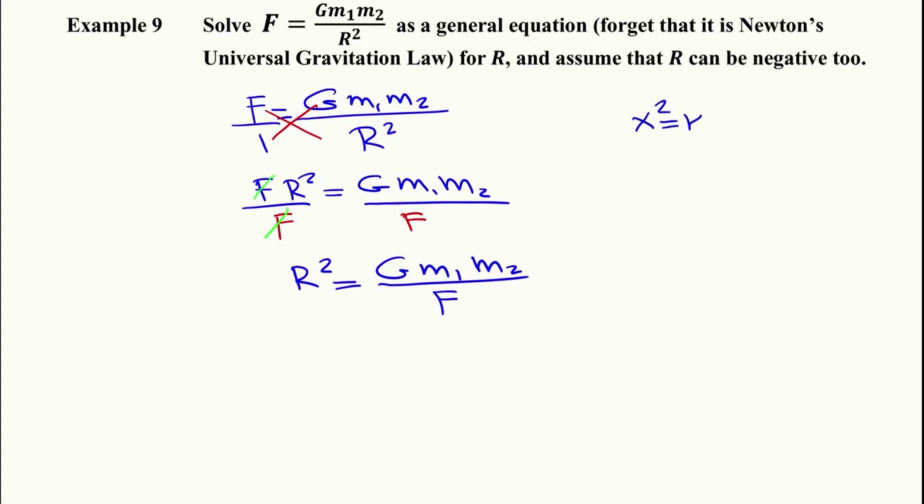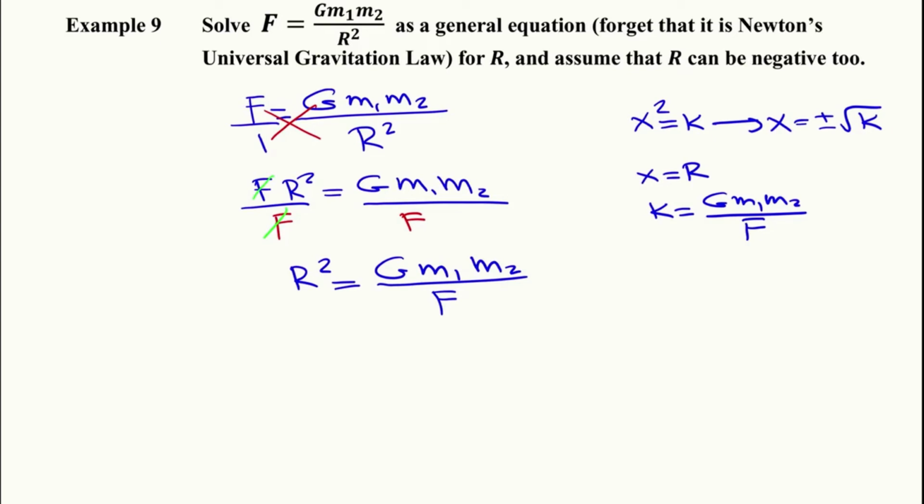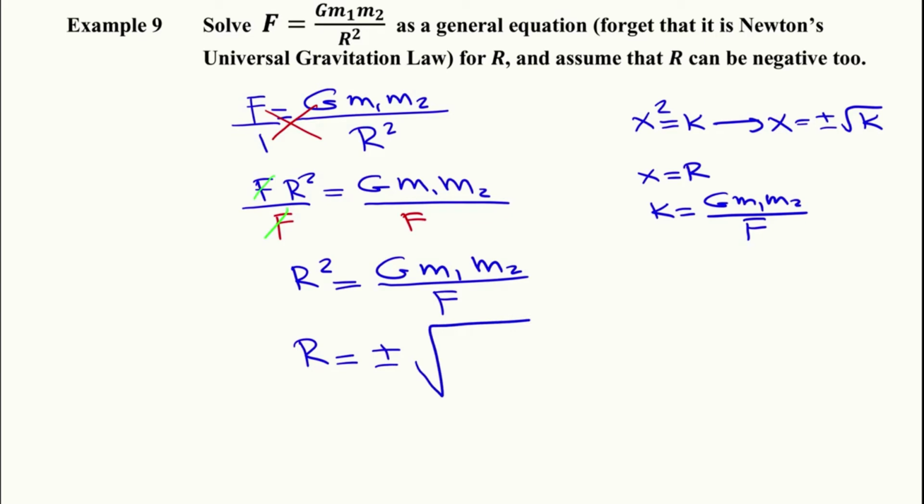Remember, x squared equals k implies x equals plus or minus square root of k. Notice that here what's playing the role of x is r, and what's playing the role of k is all of that, gm1 m2 over f. It's this ability to generalize that helps you advance in mathematics. So here we end up with r equals plus or minus square root of g m1 m2 over f.